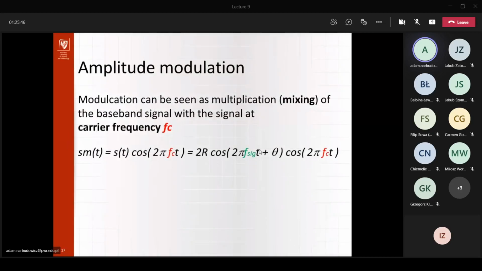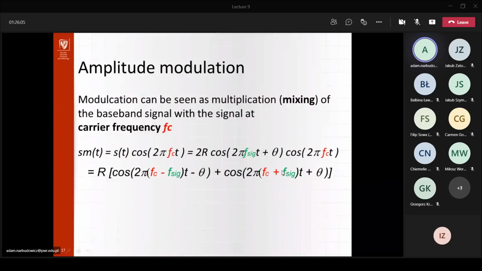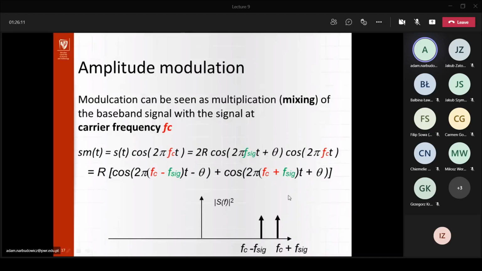If we put that into practice, using the previous equation, we receive amplitude R times the cosine of 2 pi (fc minus f_sig) t minus the phase component, plus again the cosine of 2 pi (fc plus f_sig) t plus theta. This is more or less what's happening here.